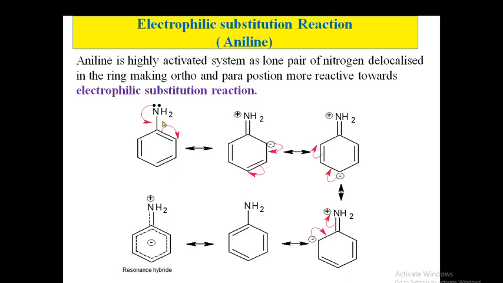So it will delocalize in the phenyl ring and the system becomes activated. If you see this, at the ortho position and para position, negative charge is present. That means the ortho and para positions are more activated, due to this particular delocalization of electrons.